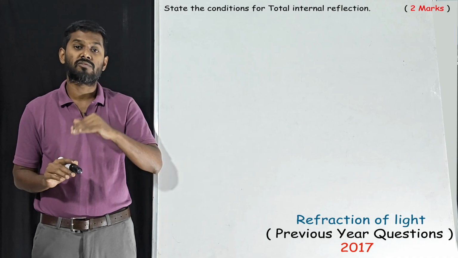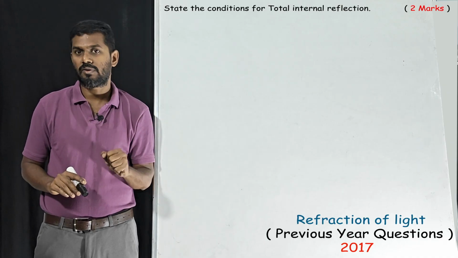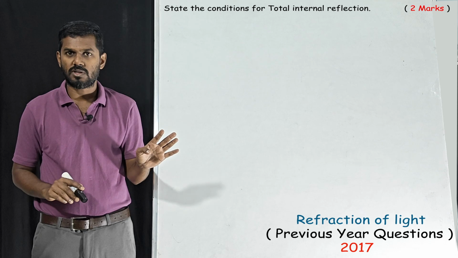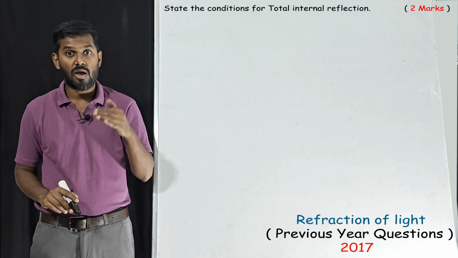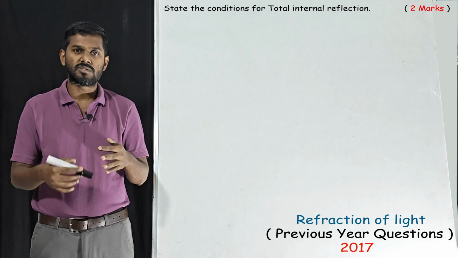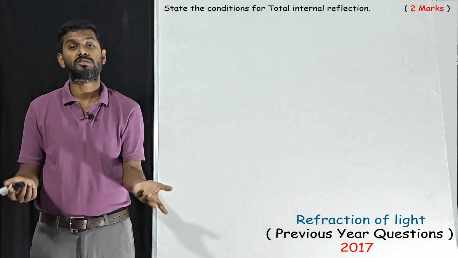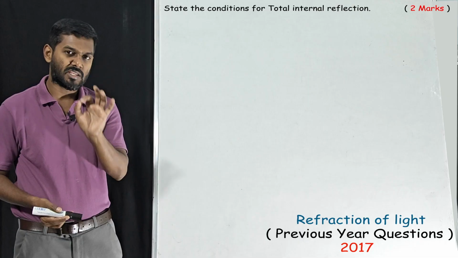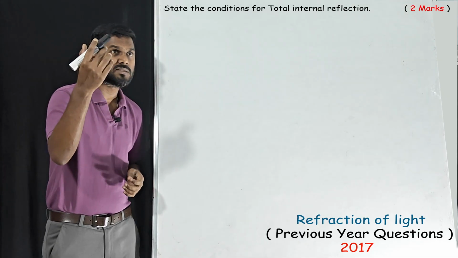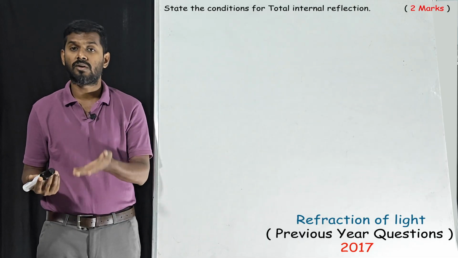That is the main reason why we are not solving before 2017. Whatever you solve before 2017, you may find 1 or 2 logical questions in one paper. But now almost 60 to 80% of the questions are logical. So you have to be very careful and understand the topic. You can easily get the answer. Now, what are the conditions for total internal reflection?